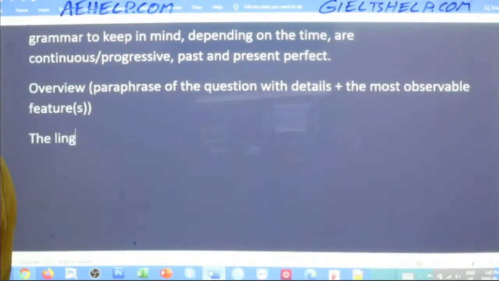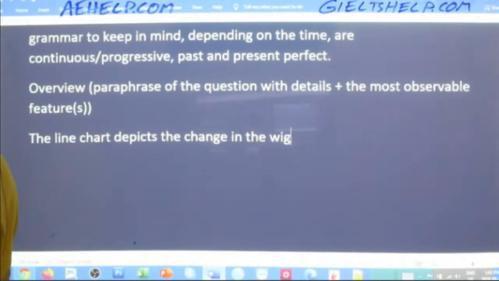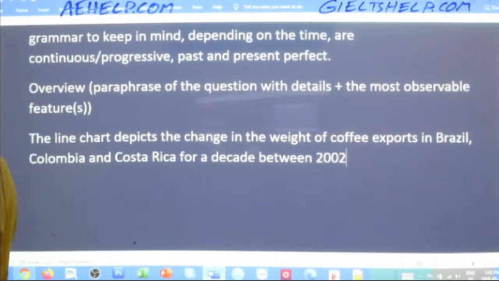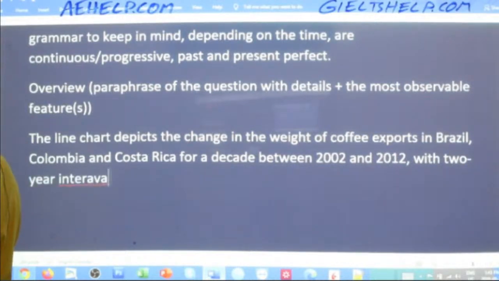So the line chart depicts the change in the weight of coffee exports in Brazil, Colombia, and Costa Rica for a decade between 2002 and 2012 with 2-year intervals. Okay.